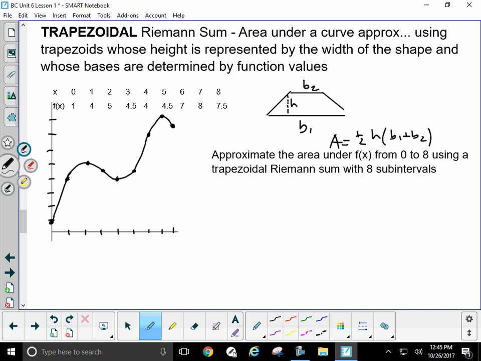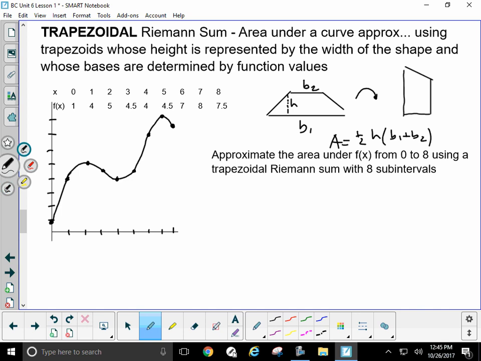Now, the trapezoids we're going to be using are not going to look like this. I'm actually going to rotate this on its side, 90 degrees. So what ends up happening, and we're going to flatten out this little triangle here, so it's going to look like this. It ends up being like a triangle on top of a rectangle.